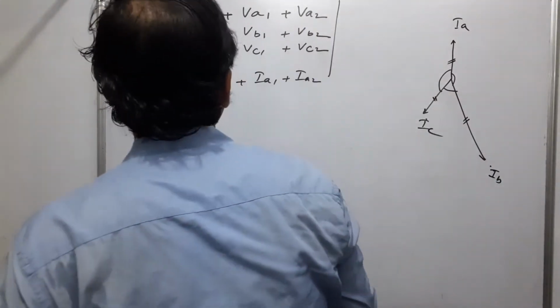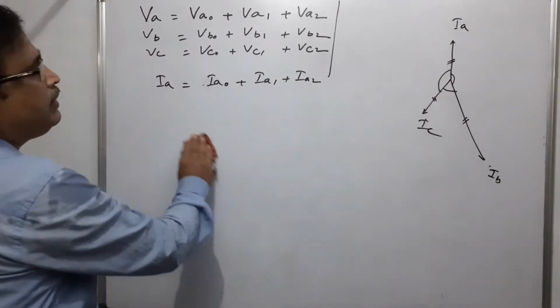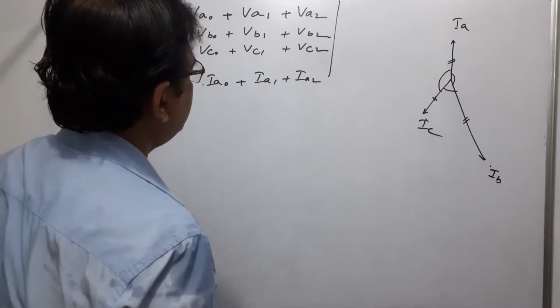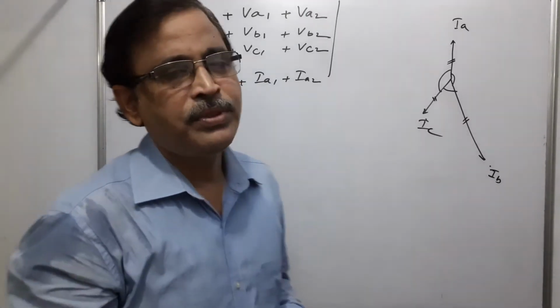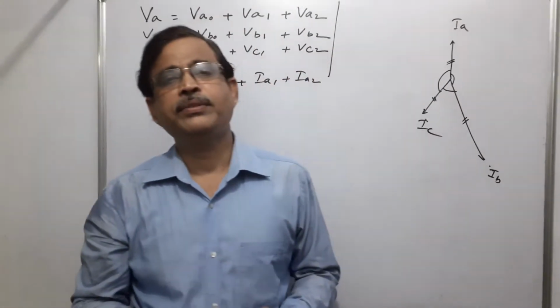Using Fortescue's theorem, we have seen the alternator sequence networks: the positive sequence network, zero sequence network and negative sequence network.